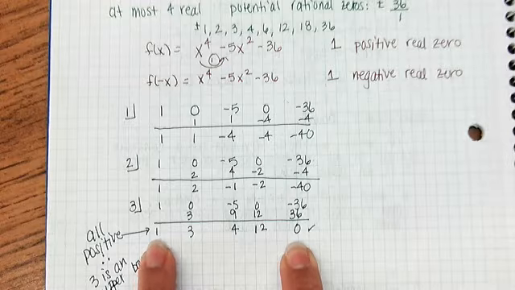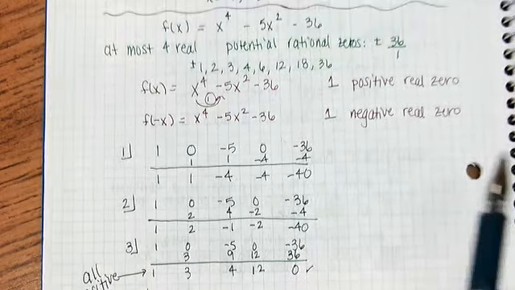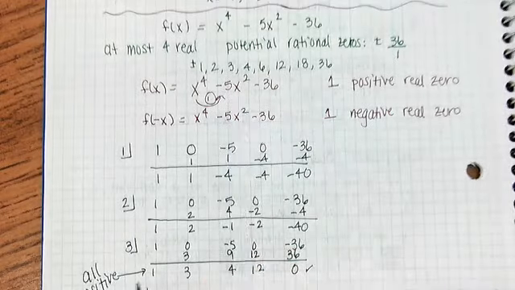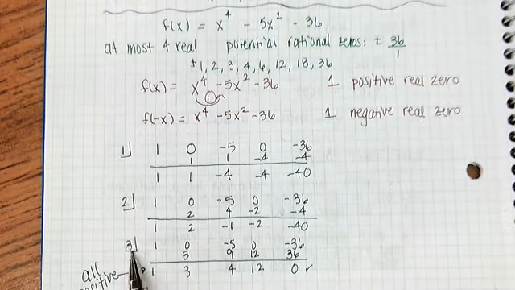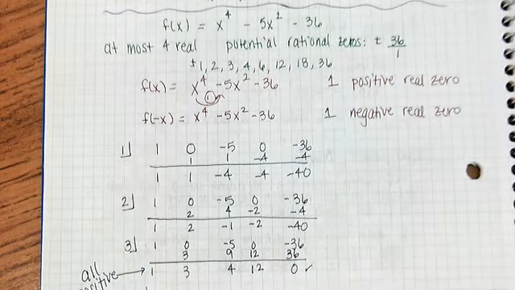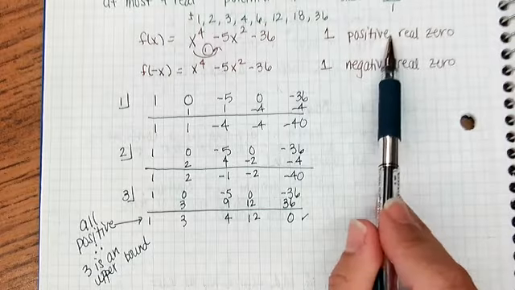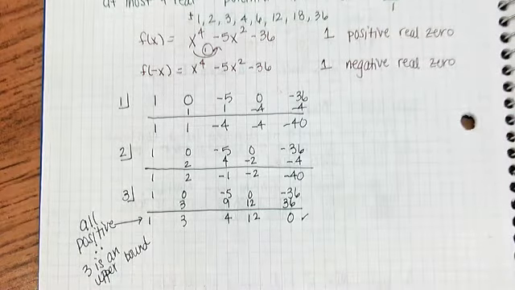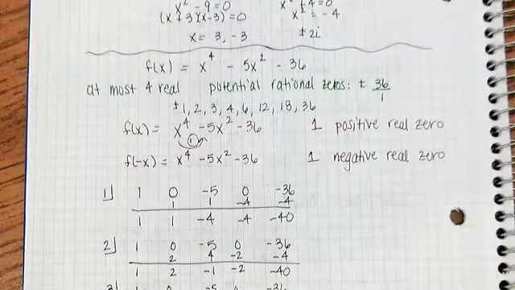By the upper bound theorem, 3 is the highest 0 that there is. So I wouldn't bother plugging in anything higher than 3. This tells you you can stop at 3 because 4, 6, 12, 18, 36 don't work. And of course, in this example, they don't work because there was supposed to be 1 positive and we found it. And we did the problem up here and we knew that as well.